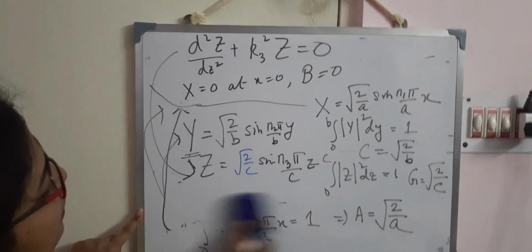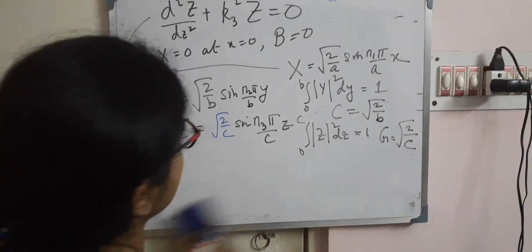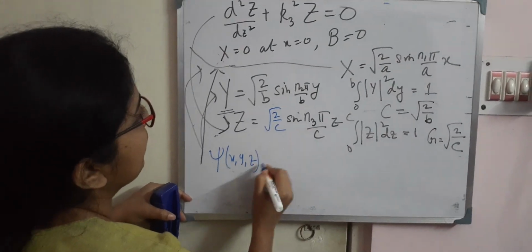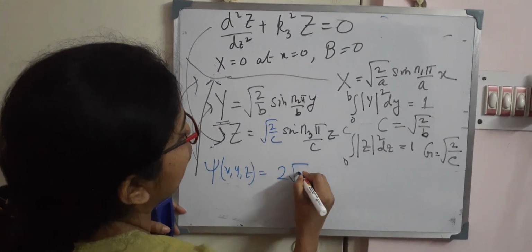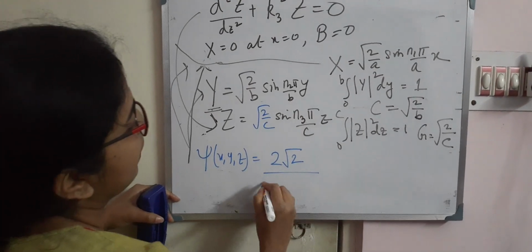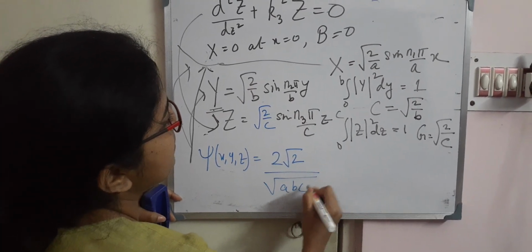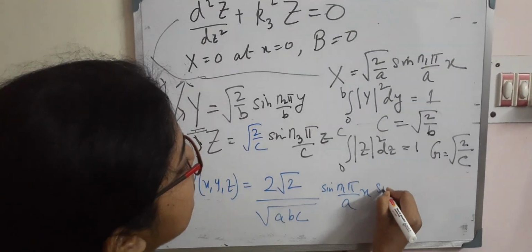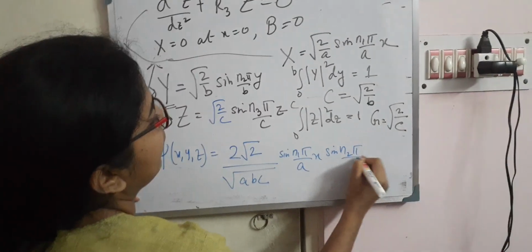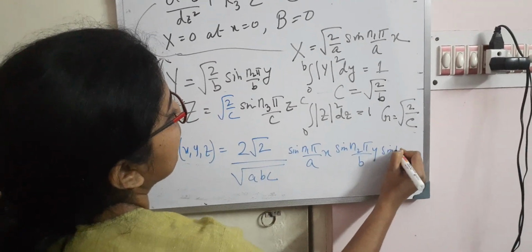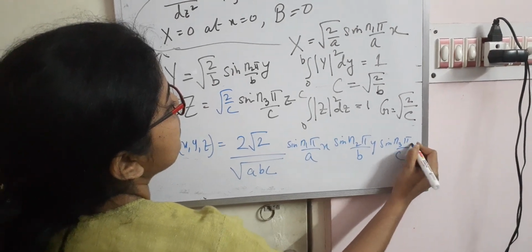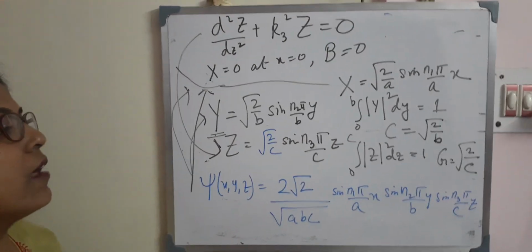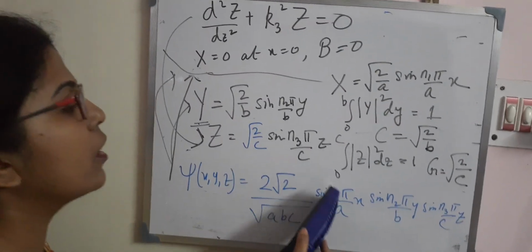So we have solved the time independent Schrodinger equation. Now my psi x, y, z will look like 2 root 2, because it's a product of X, Y, Z, by root over of a b c, sine n1 pi by a x sine n2 pi by b y sine n3 pi by c z, where n1, n2, n3 are all constants and have values starting from 1, 2, 3, because none of them can be 0.